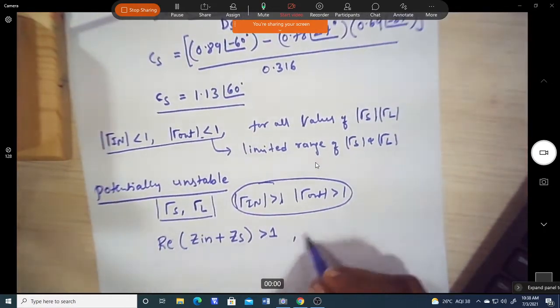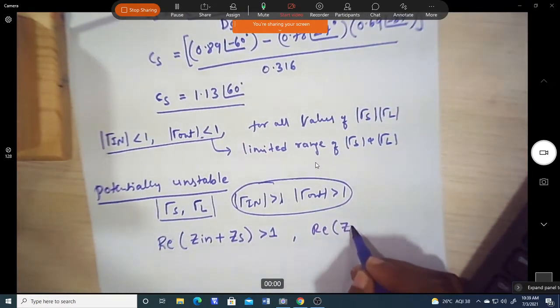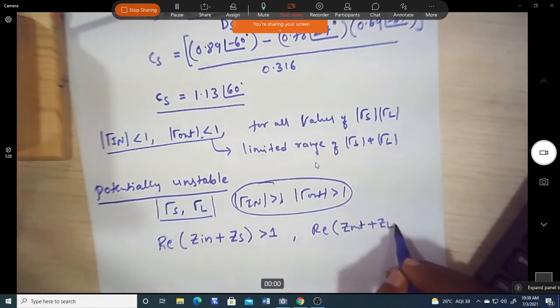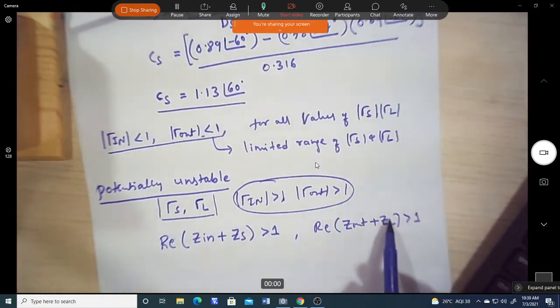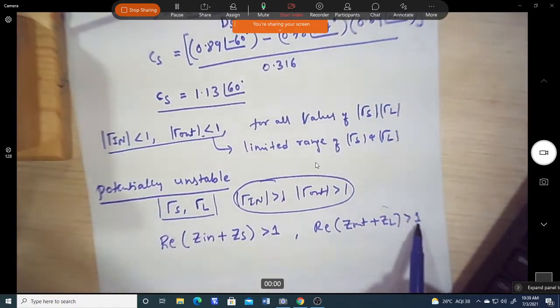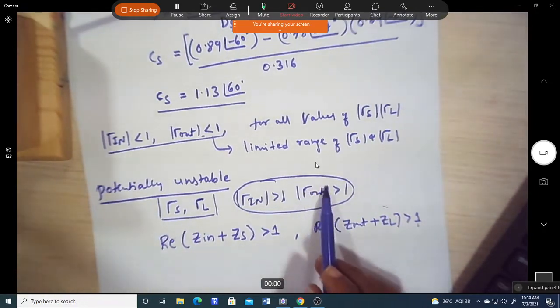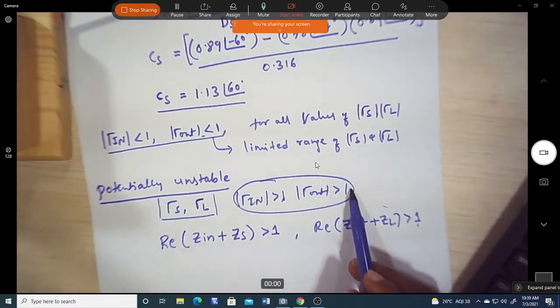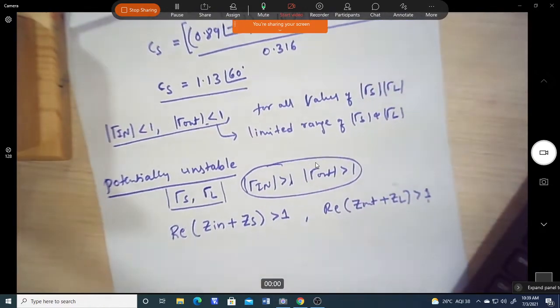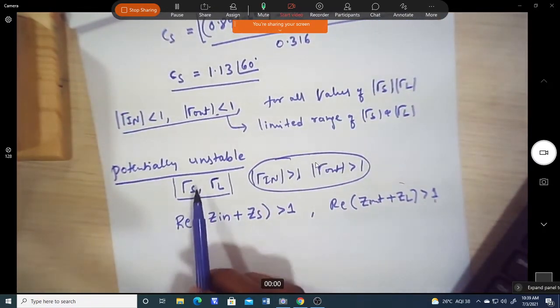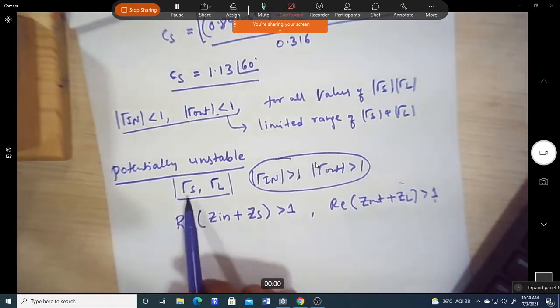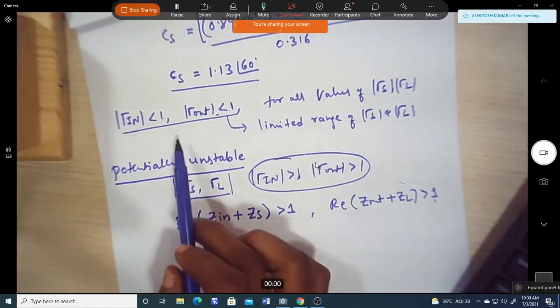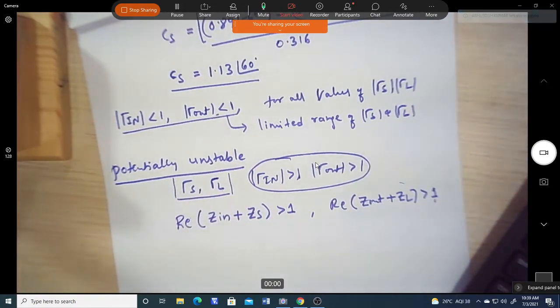Also on the output, Z out plus Z L should be greater than 1. If I bring these resistor values greater than 1, then our gamma out, which earlier was greater than 1, will become less than 1, so we will get the unconditionally stable case for the chosen gamma s and gamma l.